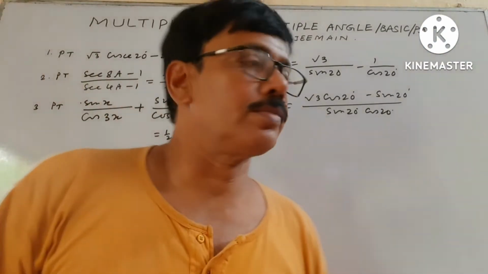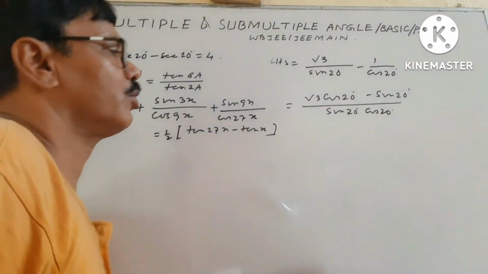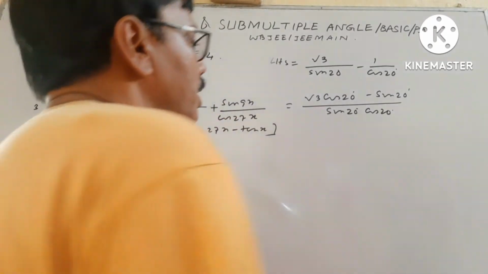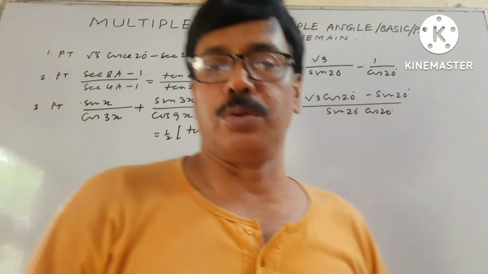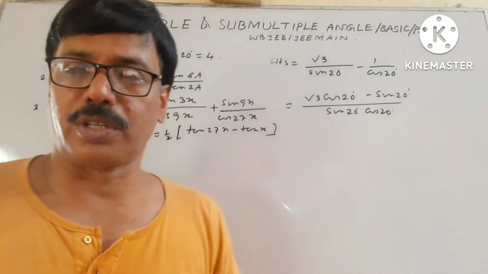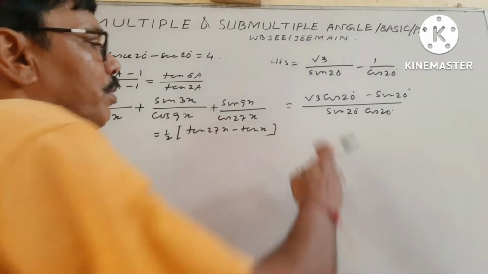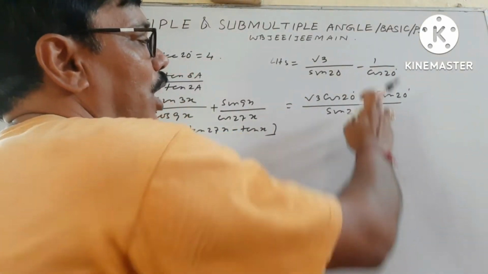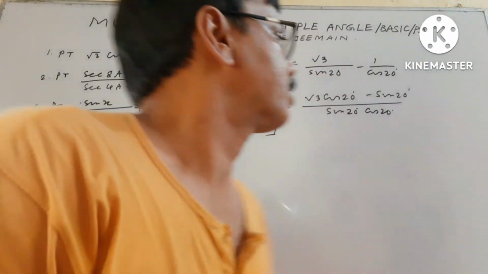Now, root 3 is not a well known value of sin or cos. If you divide it by 2, you get a well known value: root 3 by 2, which is cos 30 or sin 60. And if we divide by 2, then you have to divide this one also by 2, so half, and you know the value of half.